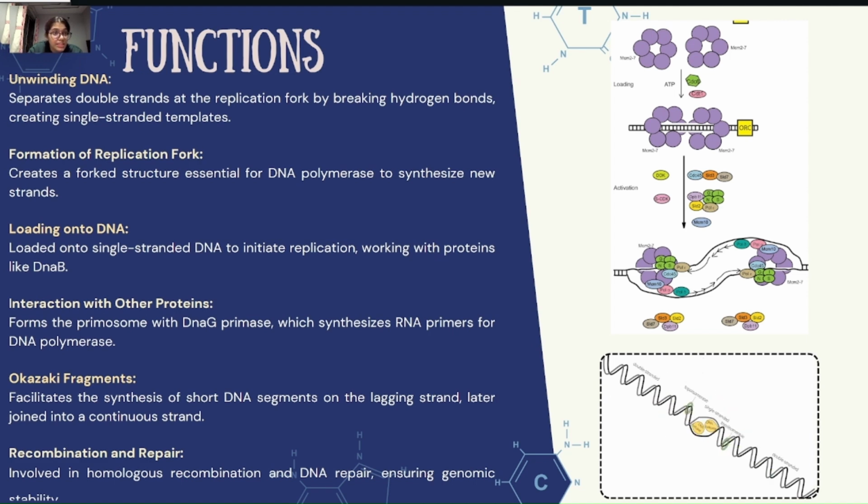Now, the primosome is mainly formed when the helicase and the DNA primase are in close proximity with each other, which makes sure that the position from where the replication is going to start is accurate.